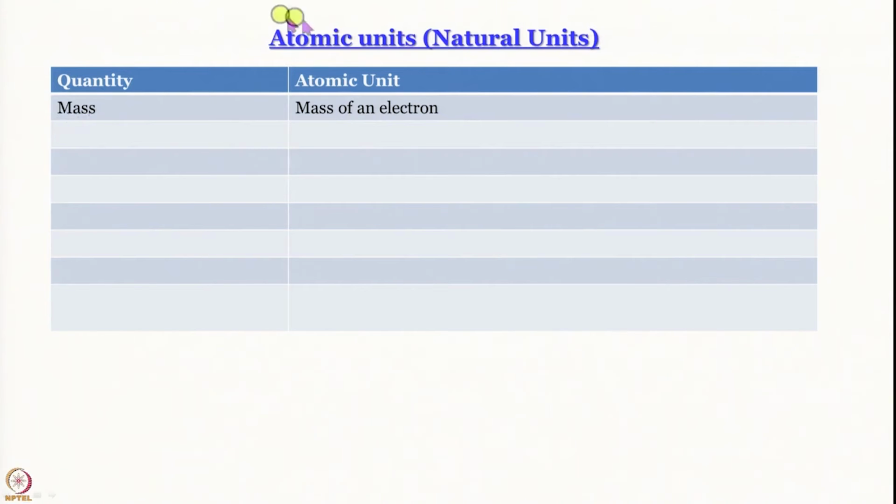When I use atomic units, what I am doing essentially is dividing the mass of any object that I am handling by the mass of an electron and representing it in units of electronic mass. Similarly, charge is represented in units of electronic charge. The charge of an electron is said to be 1 in atomic units.